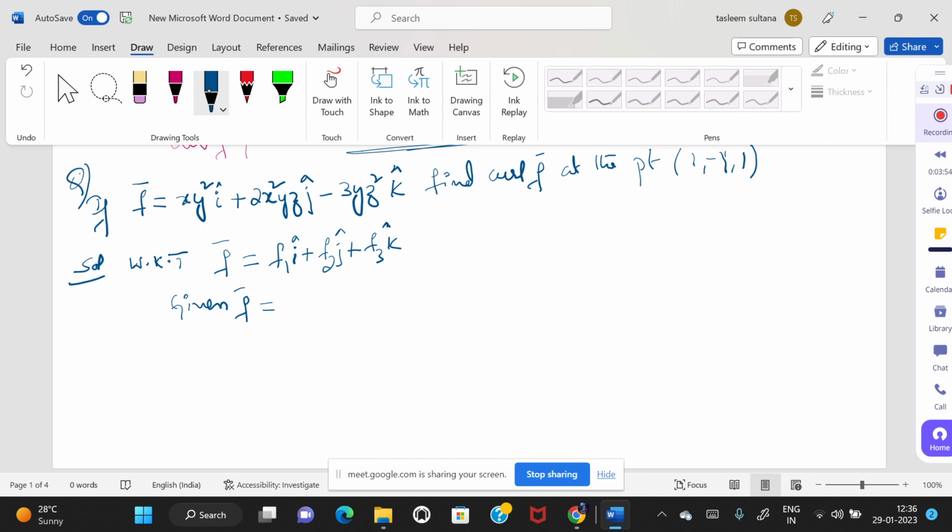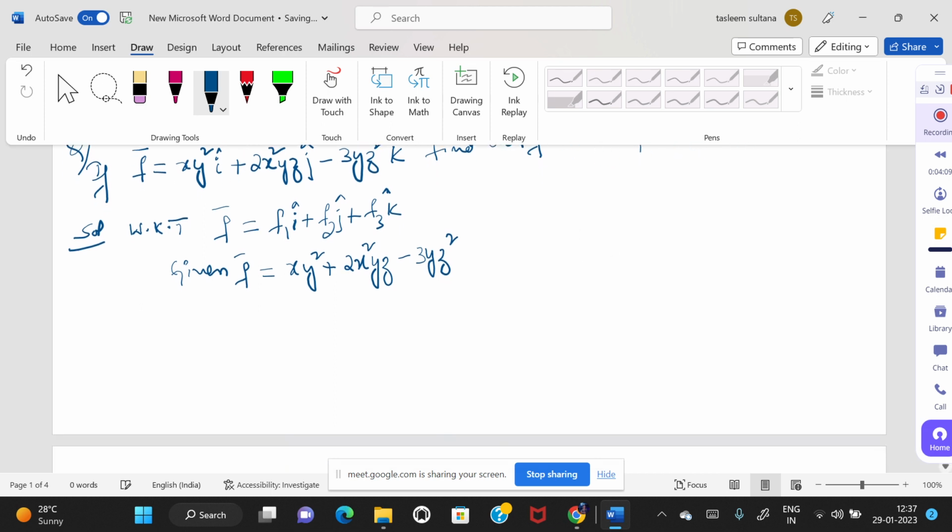Okay, fine. After this, I will stop the class. Given F vector is equal to xy square i plus 2x square yz j minus 3yz square k. Now we will compare it. What are we going to get? F1 i vector plus F2 j vector plus F3 k vector equals xy square plus 2x square yz minus 3yz square.